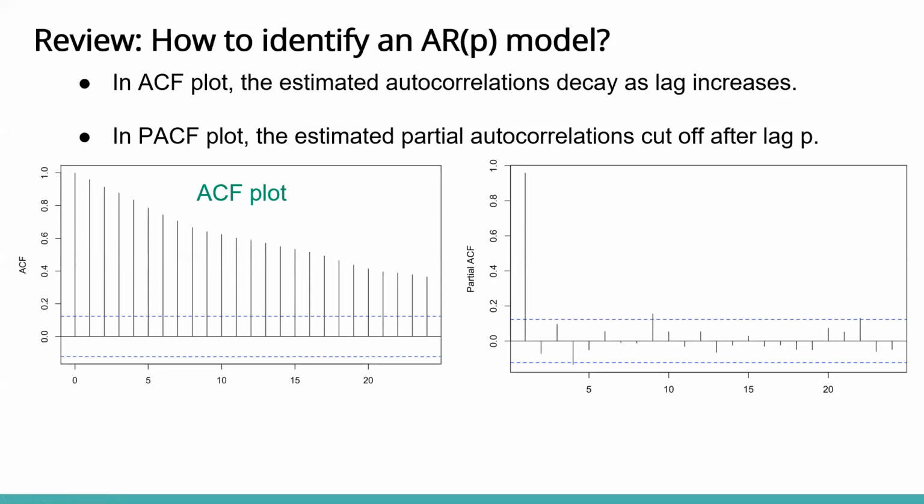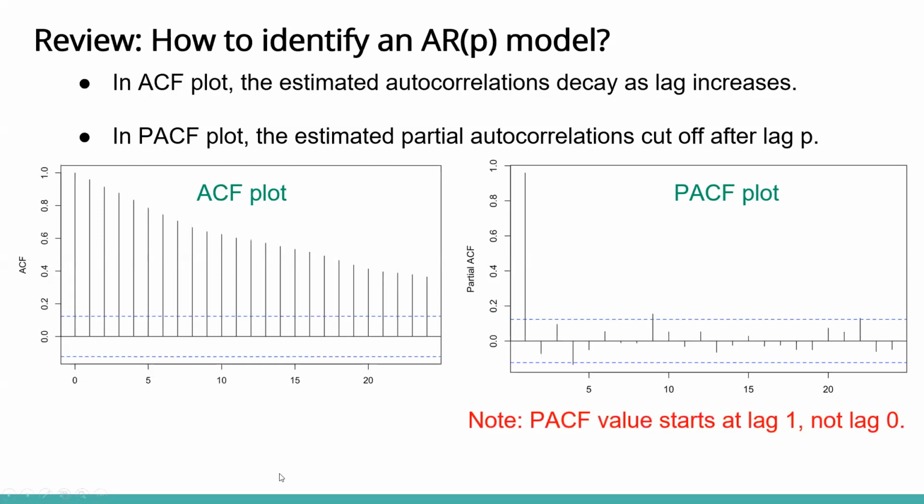And don't forget, in the ACF we normally start from lag 0, and lag 0 is going to be 1. But in the partial ACF, we don't start from lag 0, we start from lag 1. As you can see, the PACF values start at lag 1 and not lag 0, but the ACF plot starts from lag 0.